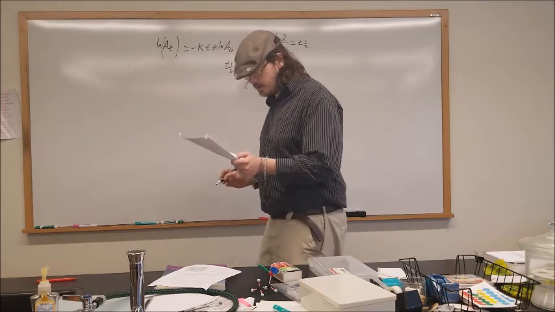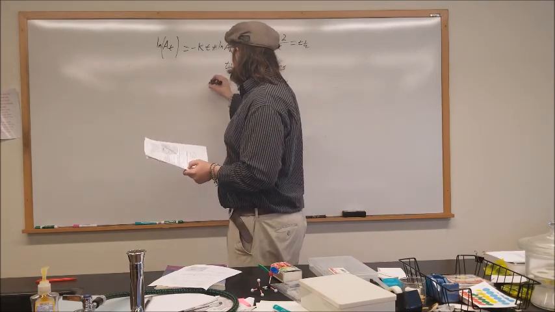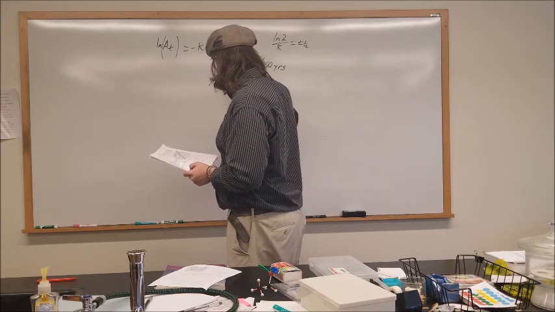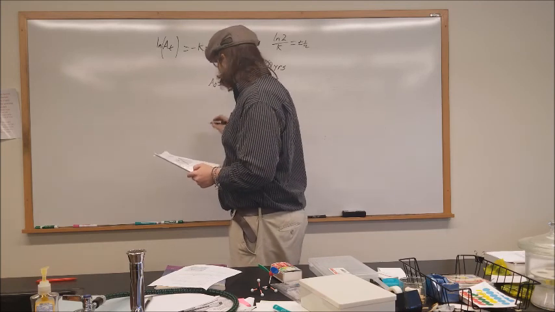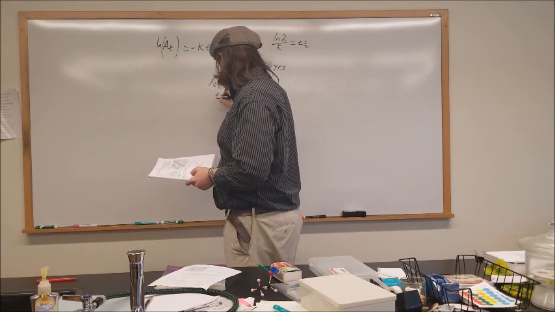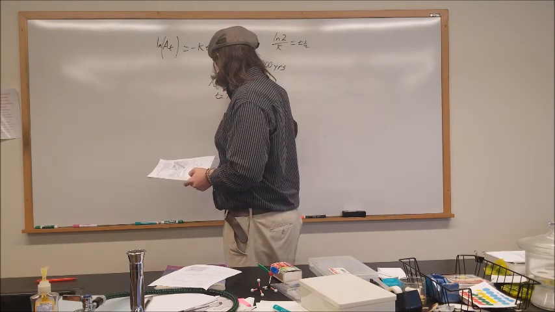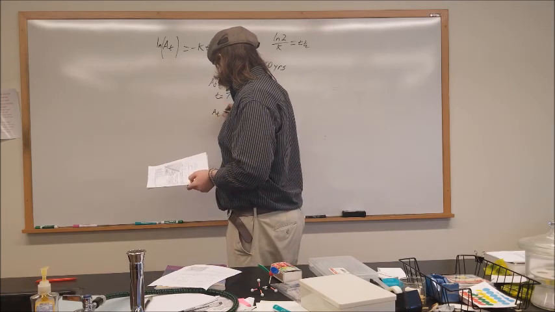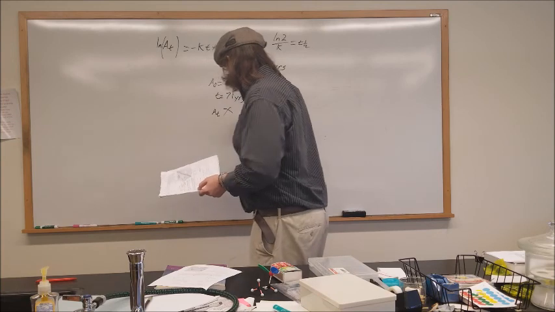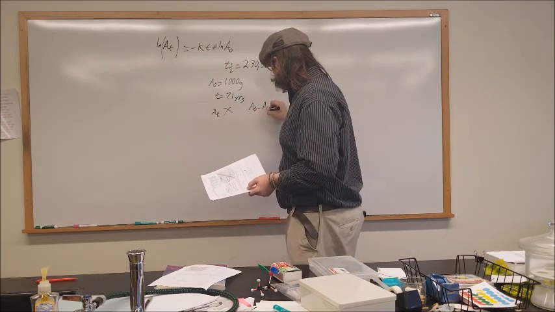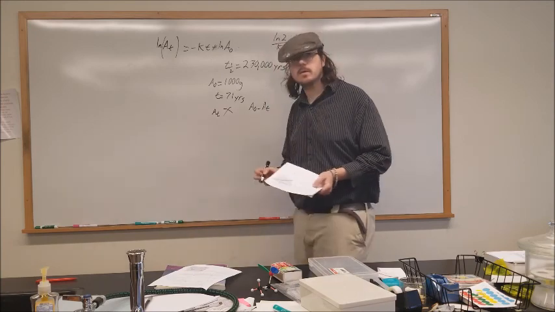We're starting with 1,000 grams, and we're told how much will have decayed in 71 years. Not how much will remain. Not A sub t, we don't care about that. We want A sub 0 minus A sub t. How much would have been lost?